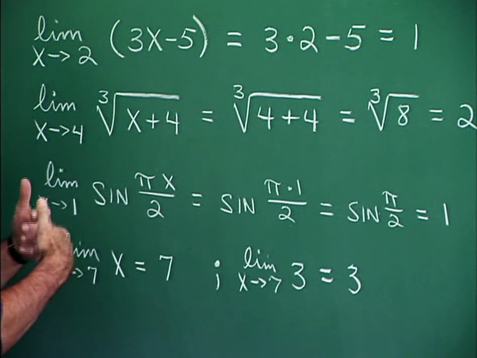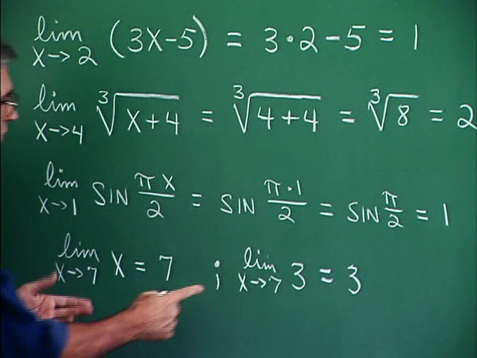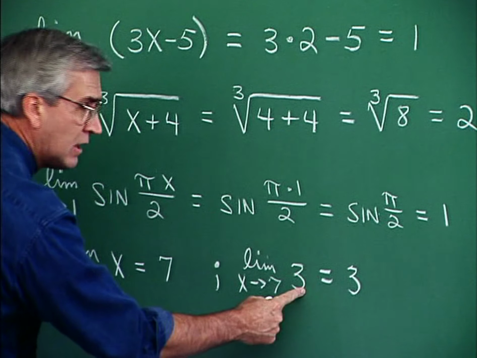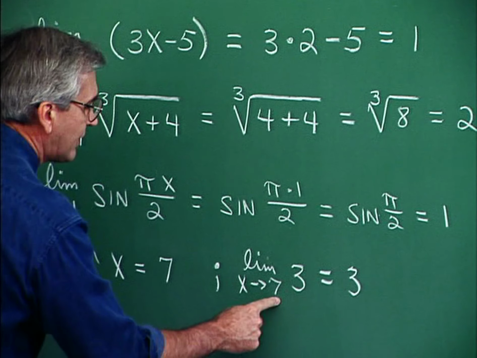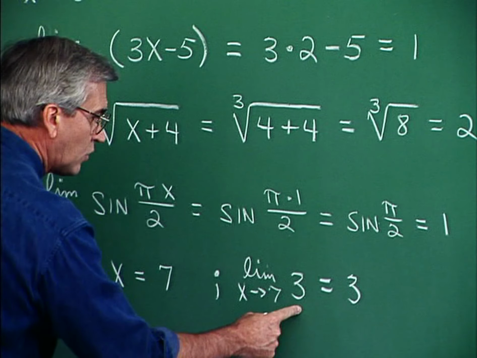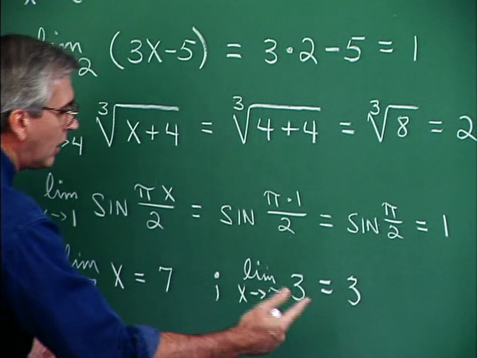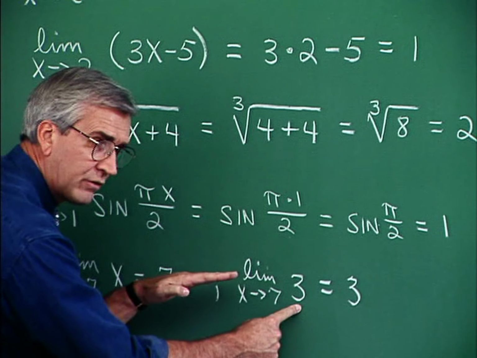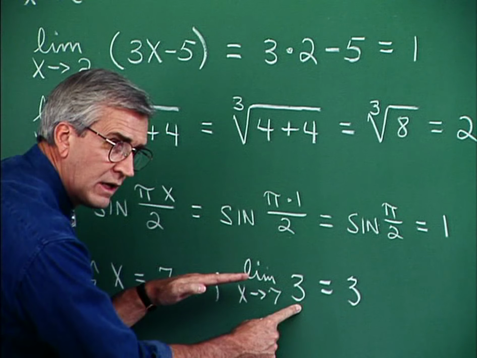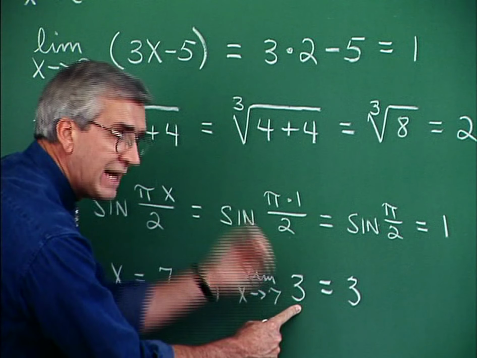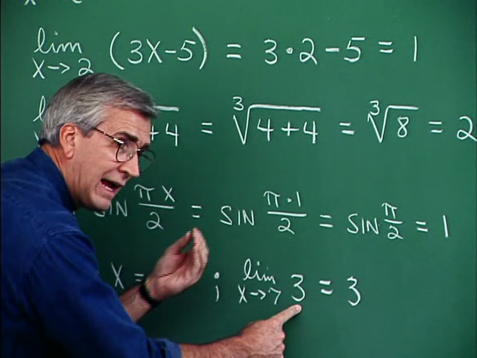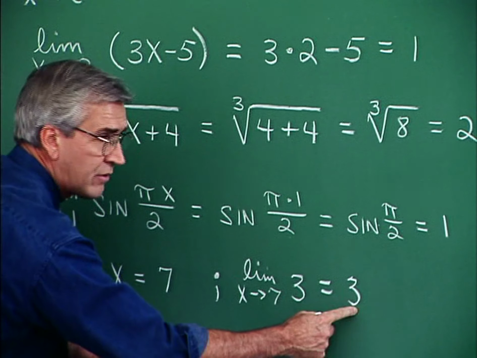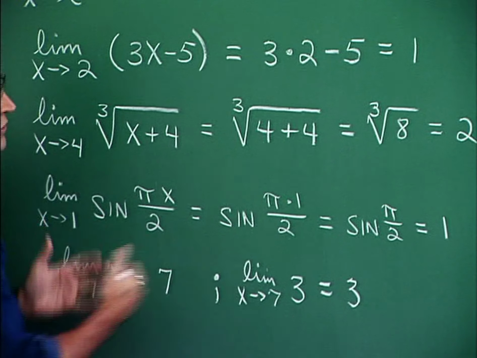Even more fundamental would be the limit of a constant. The limit as x approaches 7 of a constant would be the constant. After all, the graph would be a horizontal line through y equals 3, so as x approaches any value, f of x is going to be 3. So these are rather trivial situations.